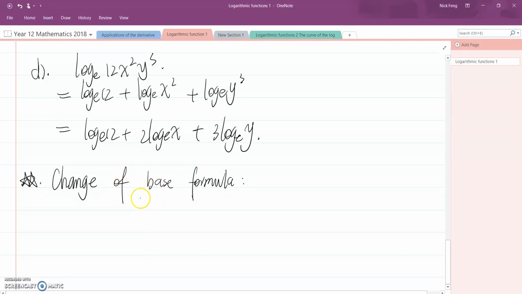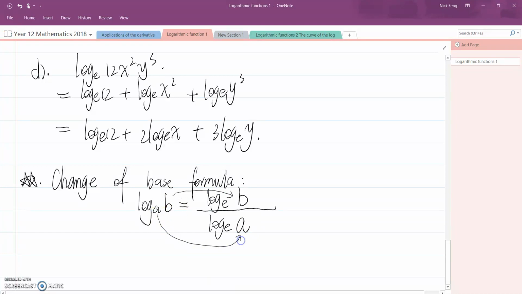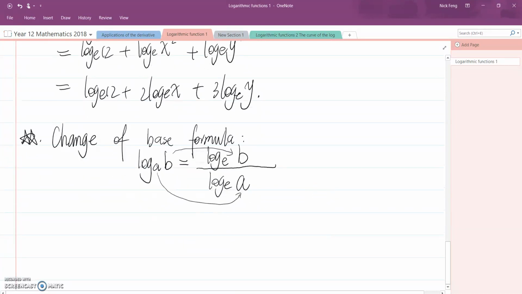Even as an approximation, we can't do it. So therefore, there is a famous change of base rule, where you put any log base you want. Now I'm just using e, and you put the bigger number inside the first log and divide it by log base e of the original base. So this b is whatever number is inside at the beginning, and this a was the base.